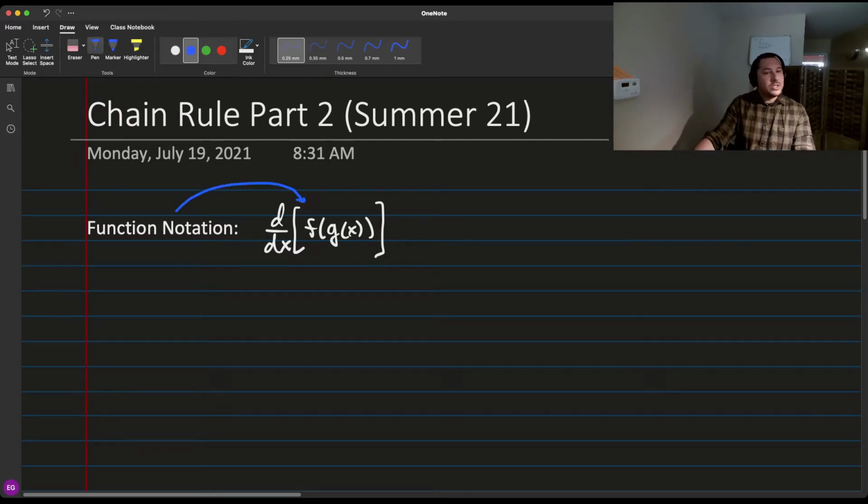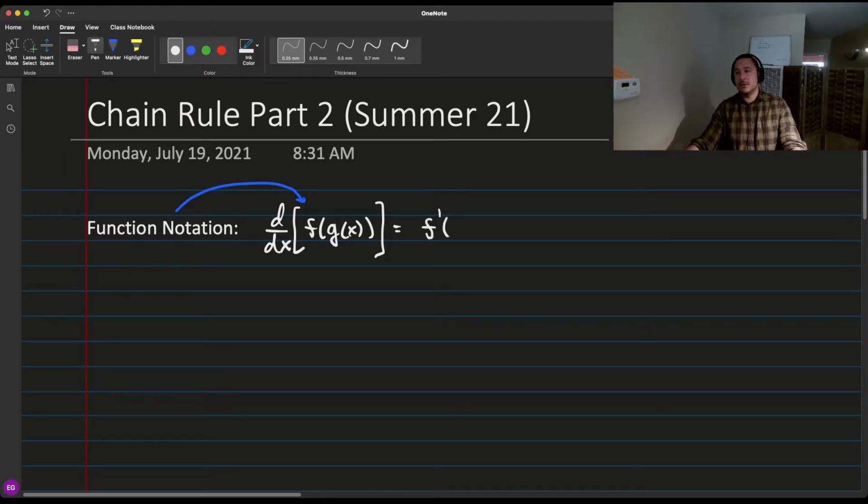Where you have f and g, those are functions. So I'm taking the derivative of f composed with g. The chain rule says you take the derivative of the outside function, leave the inside function untouched, and multiply by the derivative of the inside function. Okay, so that's function notation.